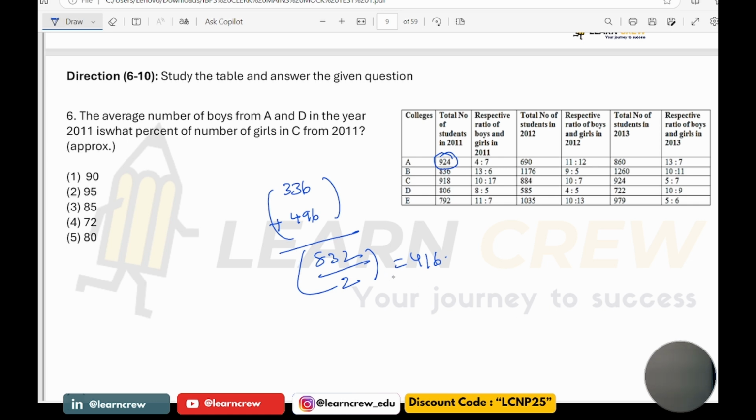And girls in college C in the year 2011, 27 parts is 918. Thereby 17 parts would be 578. It is asked, 416 is what percentage of 578. So the answer is slightly more than 70%. So the answer is 72%.